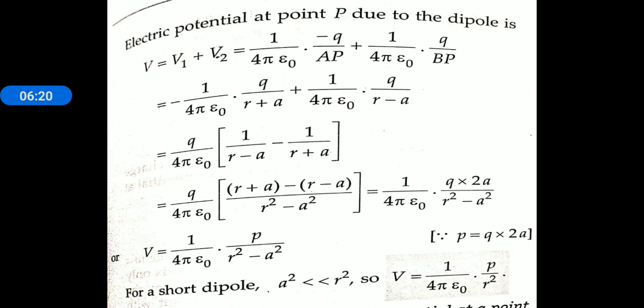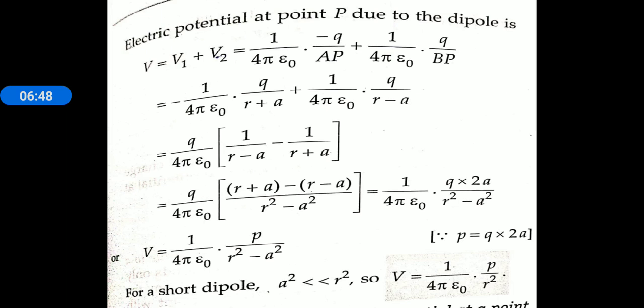The dipole moment of an electric dipole is given by the product of either charge and the distance between the two charges. So here in place of Q into 2A we can put P. So replacing Q into 2A by P, the expression for the resultant potential V is equal to 1 upon 4 pi epsilon naught P upon R square minus A square.